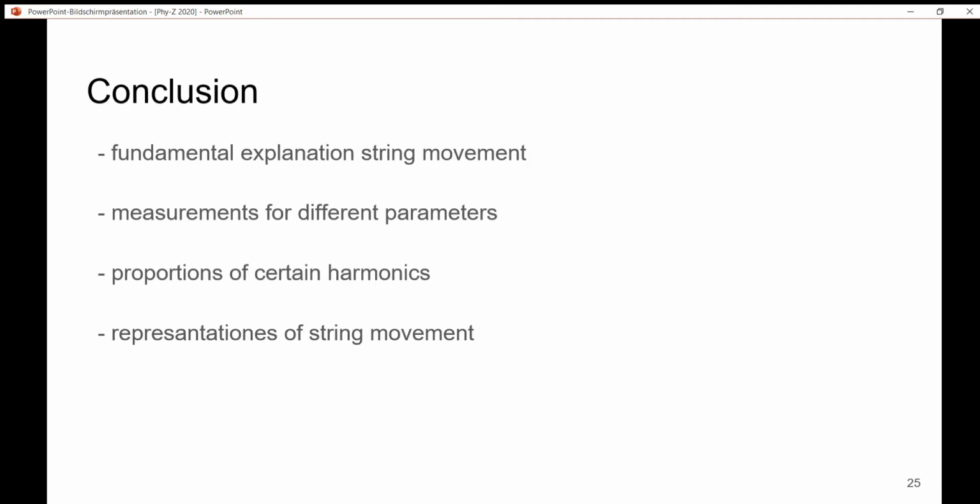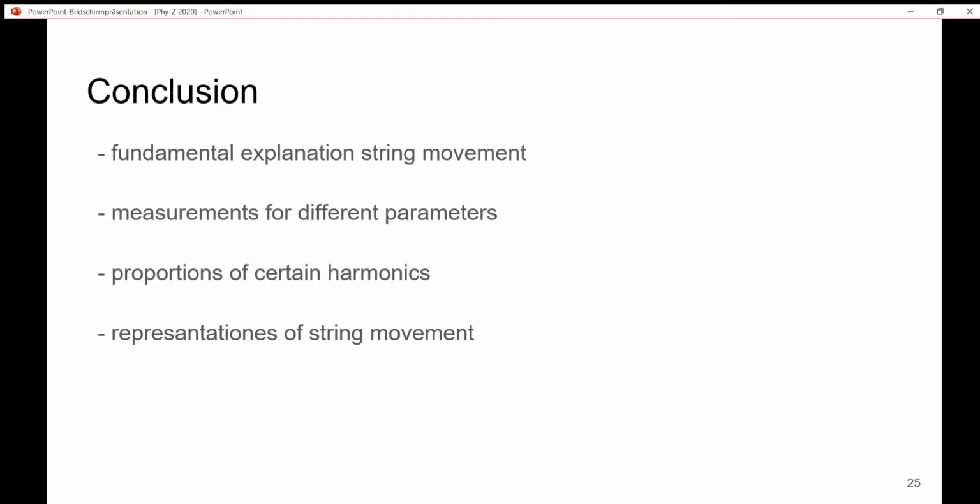So now to conclude my presentation, I gave a fundamental explanation of how the string moves, because the electromagnet makes the string move, and how harmonics work. And then I made measurements for different parameters. I changed the string, then I changed where the center is, and all kinds of stuff.